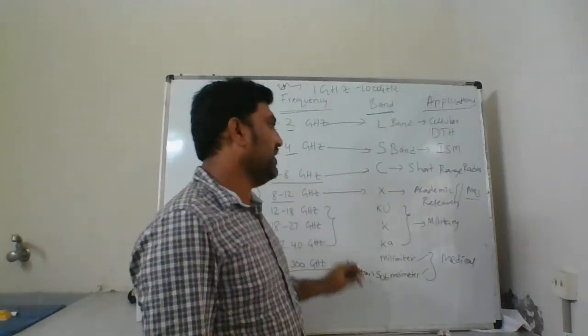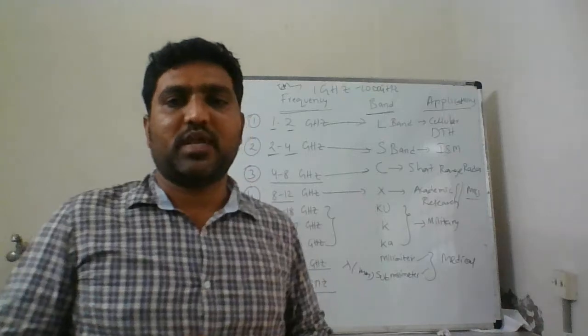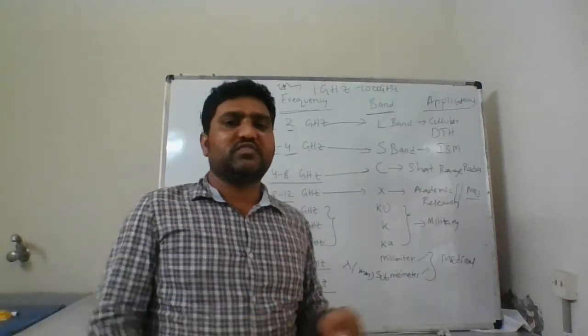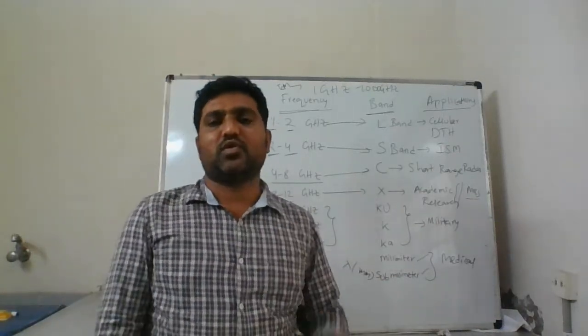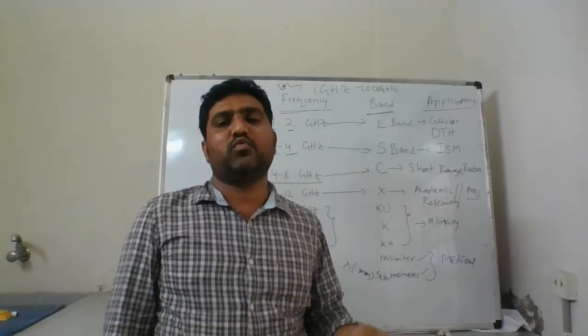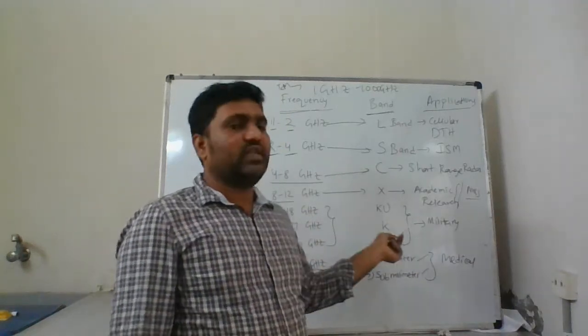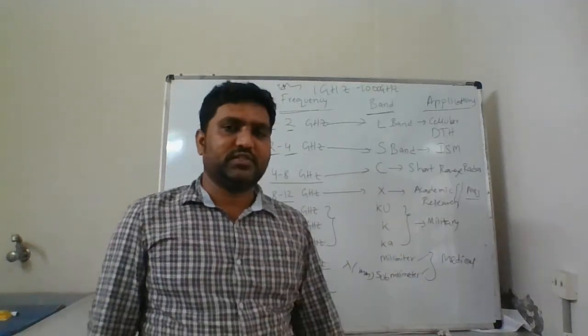All these three bands are especially useful in military guidance systems and defense applications. Because the signal frequency is very high, the radiation effects are more, so we don't use them in commercial applications. We utilize them for military applications.